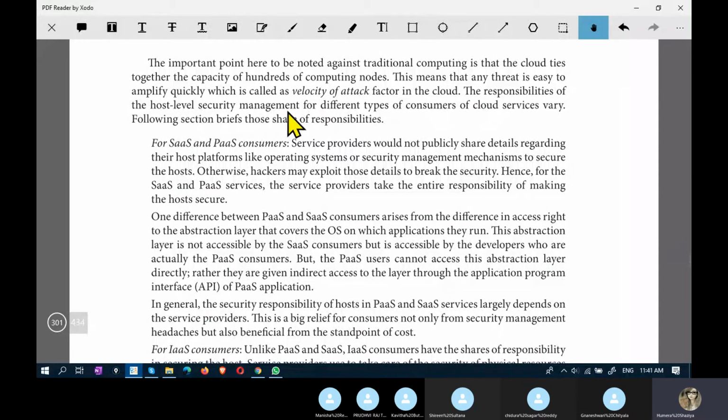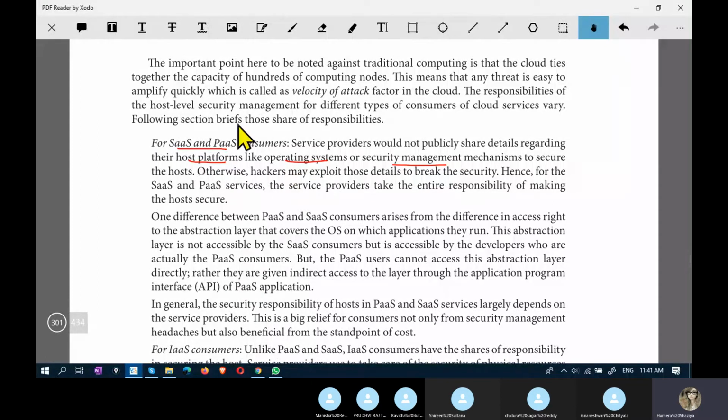And the responsibilities of host level security management include, for SaaS and PaaS consumers, service providers would not publicly share details regarding the host platform. They don't share what is the operating system or which security management mechanism they have leveraged, because they feel that if people know about this, an ill-intentioned user can exploit that and cause harm.